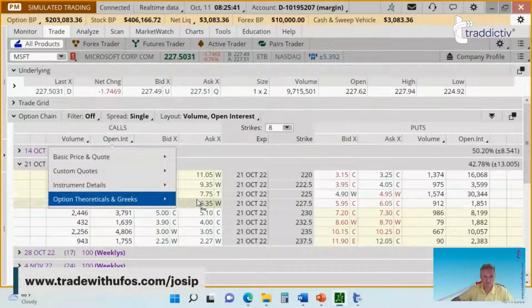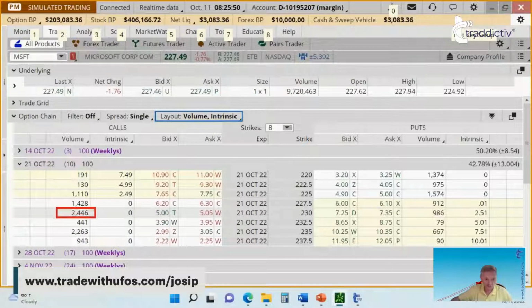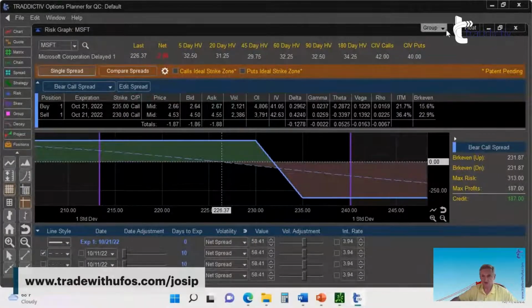But just for a second, I'm going to get rid of the open interest just to show you the huge activity that has taken place on both of these products today. 2,446 contracts are hedged with 2,226 contracts. And we were able to see that on our Trade Active earlier.